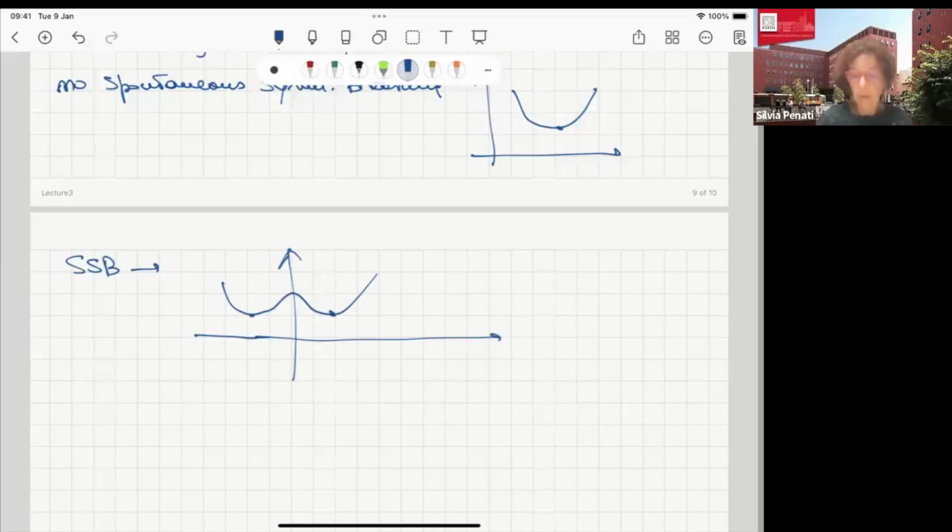Okay, if you fix this vacuum, of course, you break. This is the famous Mexican hat.